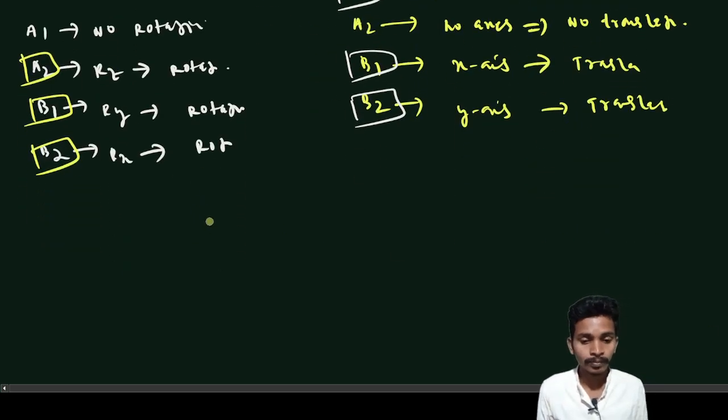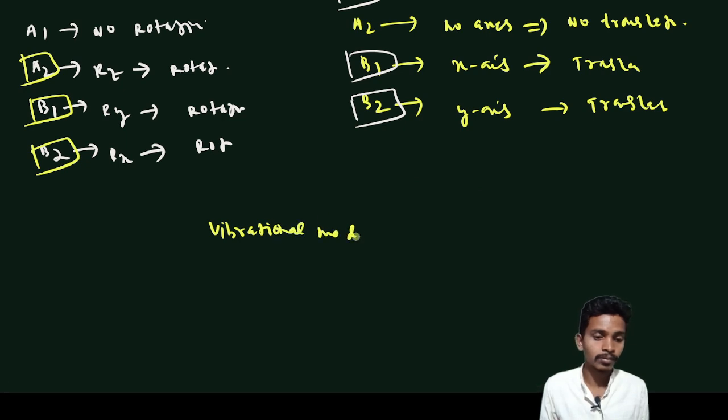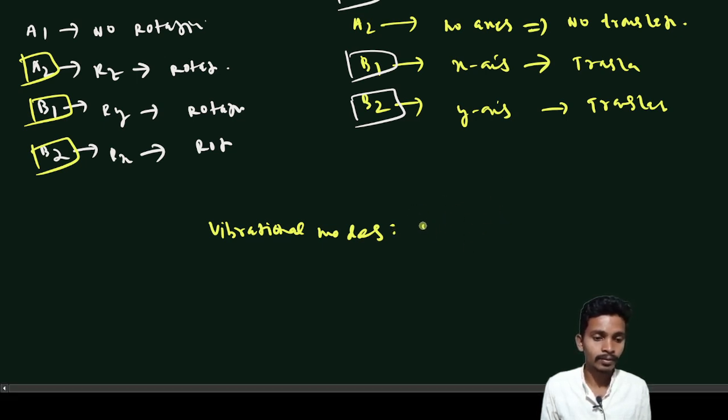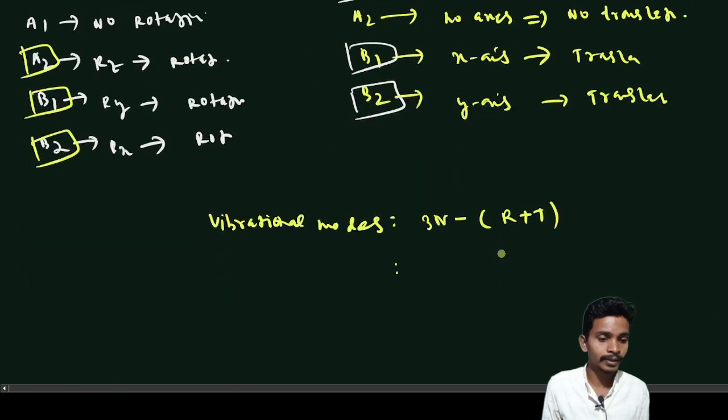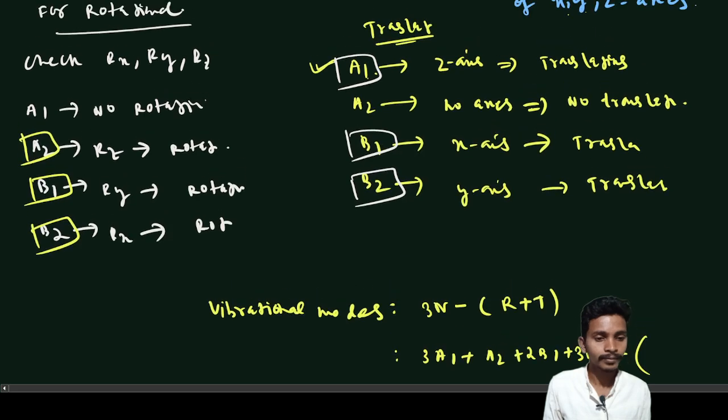So the vibrational modes are 3n minus translational plus rotational. Here our 3n is 3A1 plus A2 plus 2B1 plus 3B2, minus the translational and rotational, which are A1, B1 and B2.